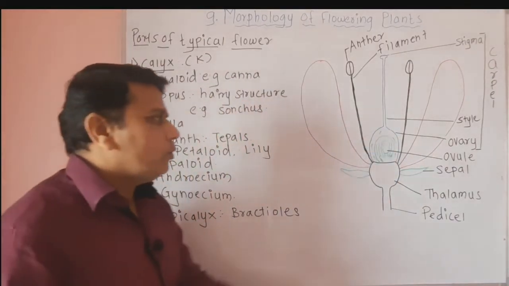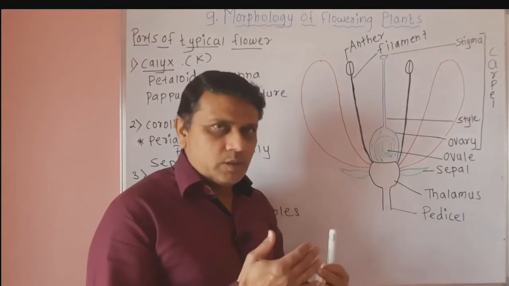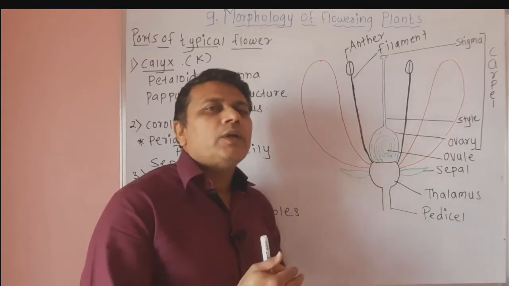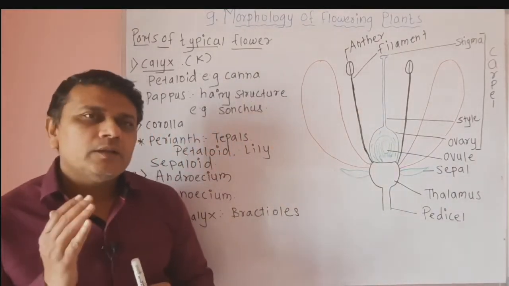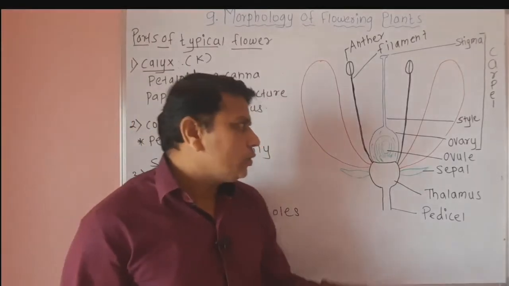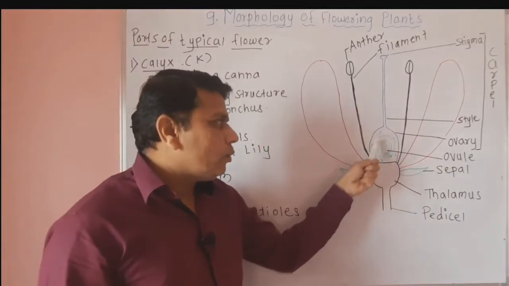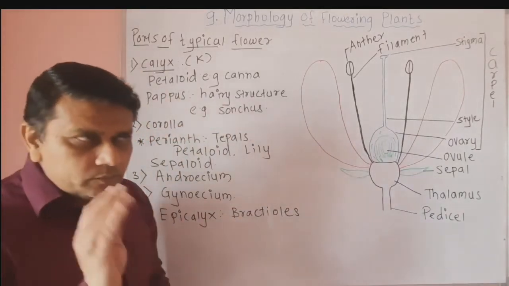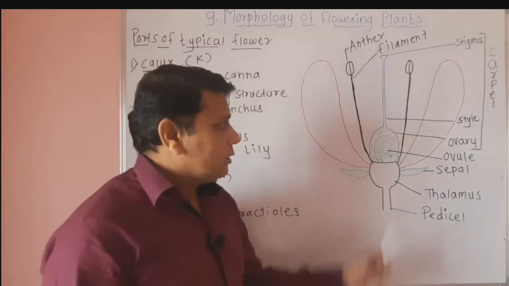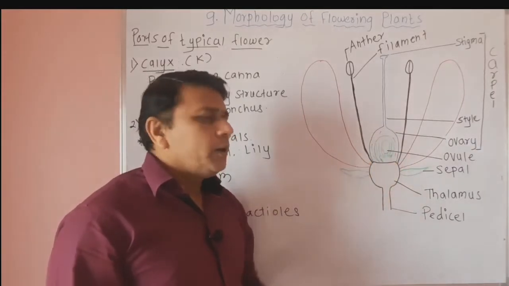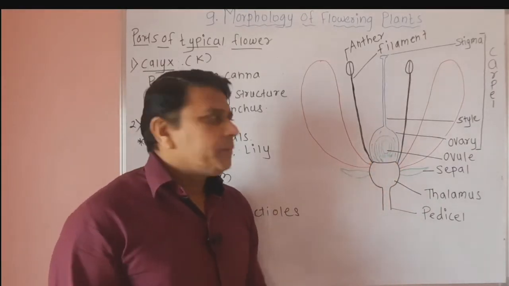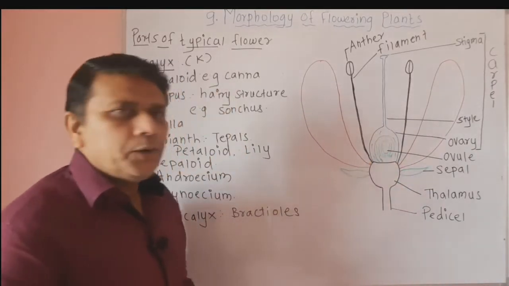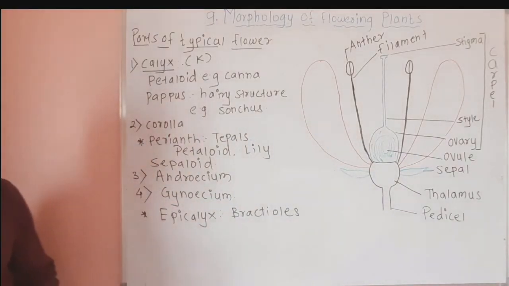Similarly, inside the ovary, one to many ovules are present. It depends upon the type of the plant, the number of ovules. So here inside the ovary, ovule is present. Now after fertilization, this ovary develops into fruit, while ovule develops into seed.